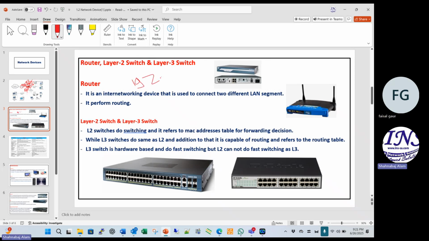192.168.10.1, and one network 192.168.20.2. So you know about this IP address, maybe I think you understand.